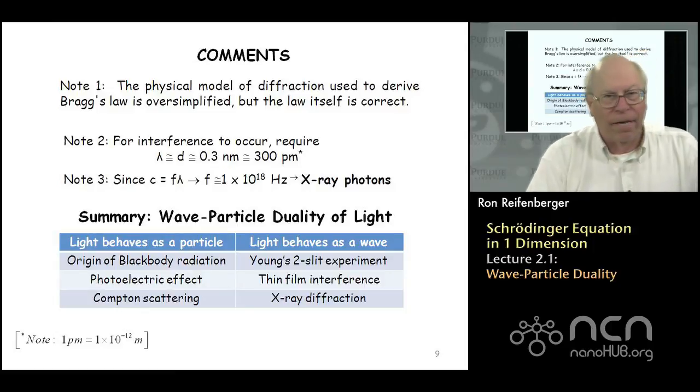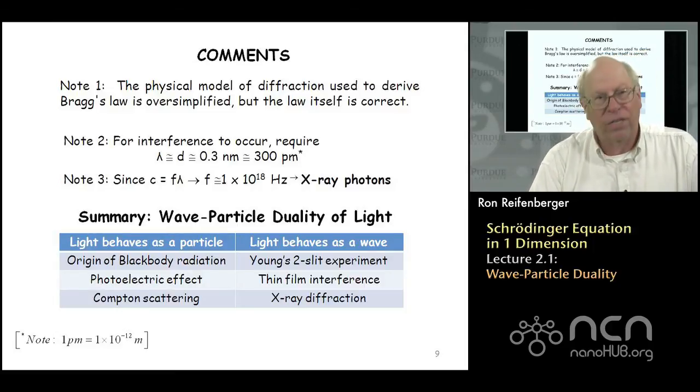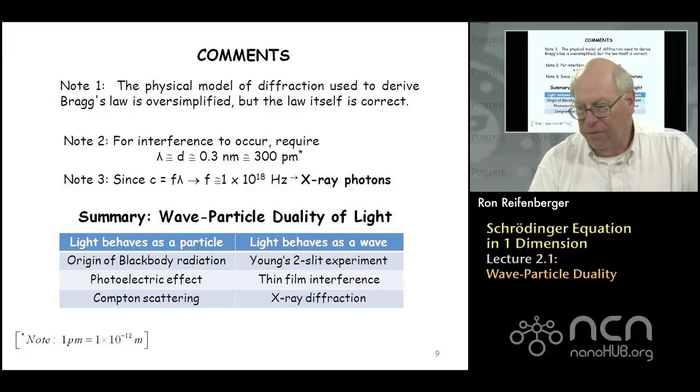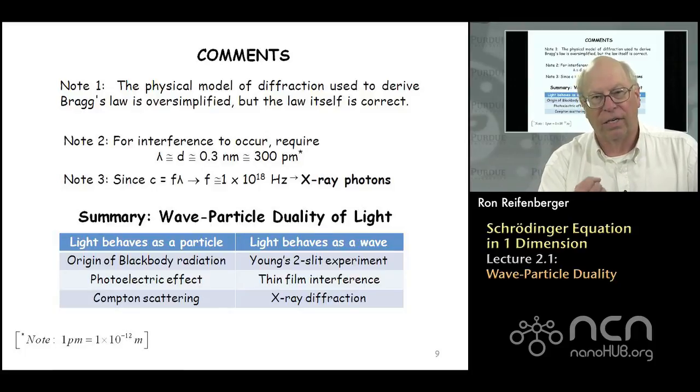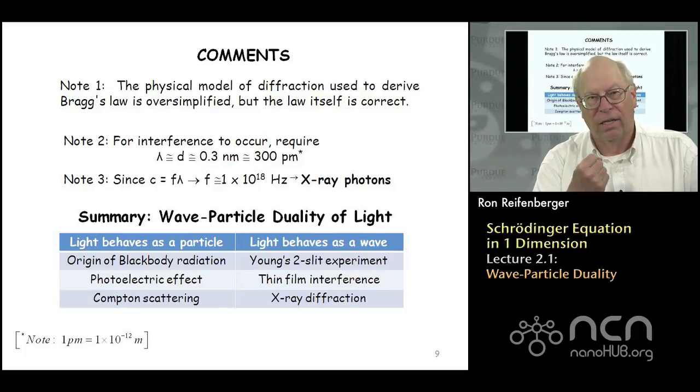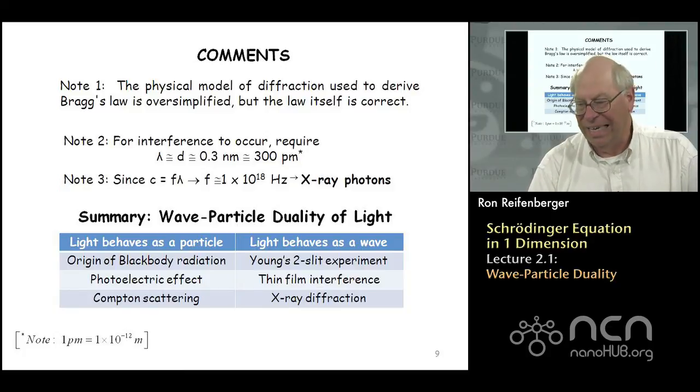So there's a few comments that are worth making here. One is this is an oversimplified model for X-ray diffraction, but the law itself is correct. The same law is derived using more complicated arguments that are physically more realistic. The second point is that for interference to occur, you're going to require incident electromagnetic radiation that has a wavelength lambda that's comparable to the spacing between these crystallographic planes, d.